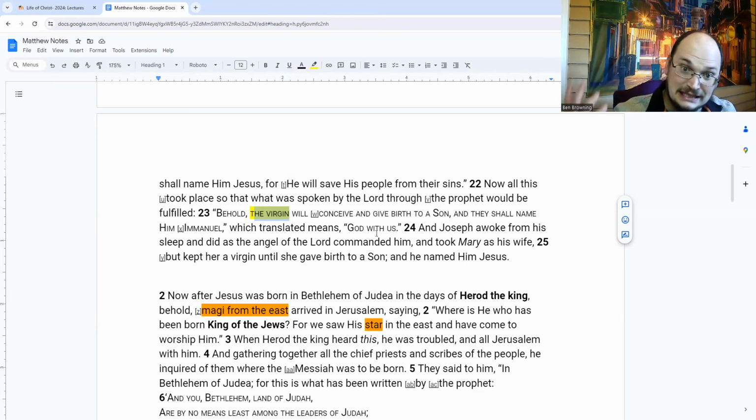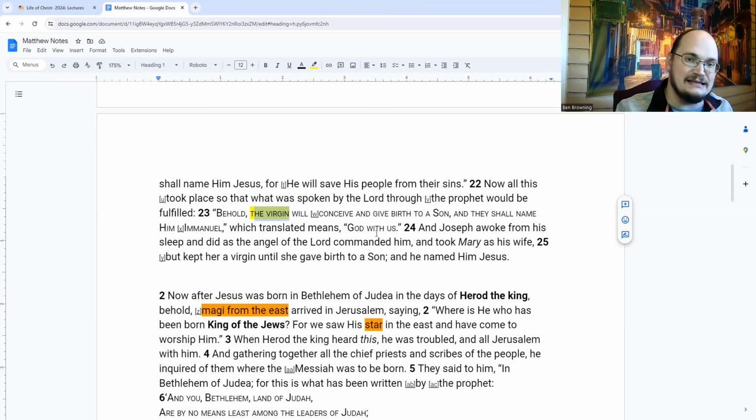Now, there's a Greek translation of the Old Testament that translates it as virgin, so it could be seen that way, a word that's more unambiguously virgin. But the Hebrew word is ambiguous. It could mean a virgin, but it could also just mean a young woman.